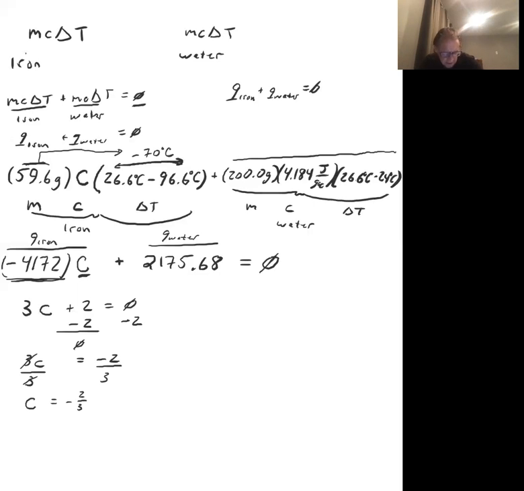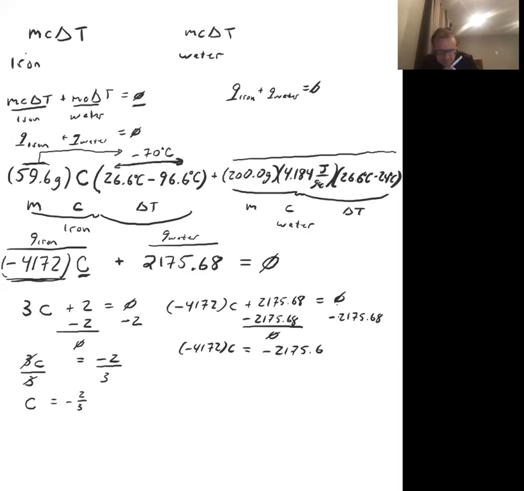So let's try that. I'll write the numbers down here again. Minus 4172C plus 2175.68 equals 0. So let's subtract 2175.68 from both sides. So that's going to give you 0 right there. So now you'll just have minus 4172C equals 0 minus, so that would just be minus 2175.68.